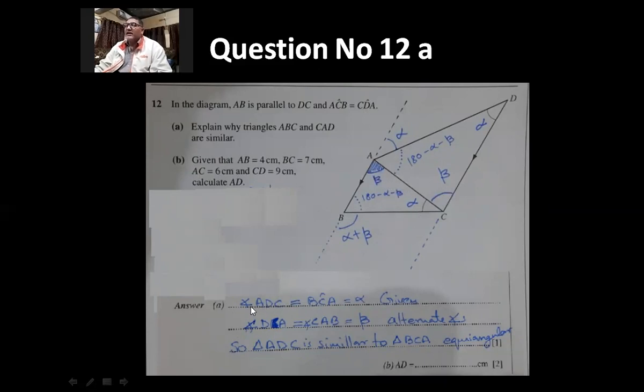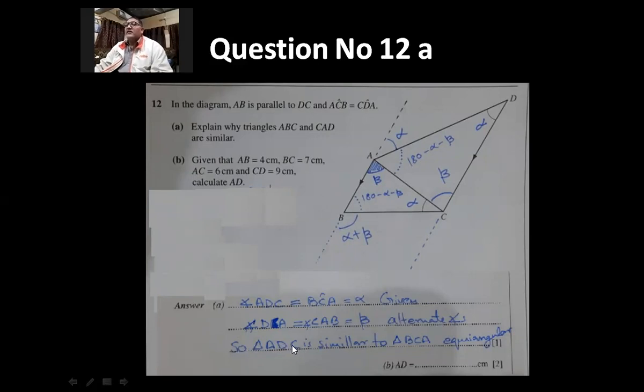So here, let me show you how I have written this answer. The angle ADC and angle BCA, they both are equal. Let me call them both equal to alpha, and that is given in the question. Angle DCA is equal to the angle CAB, and both of them are beta. The reason is they are alternate angles.